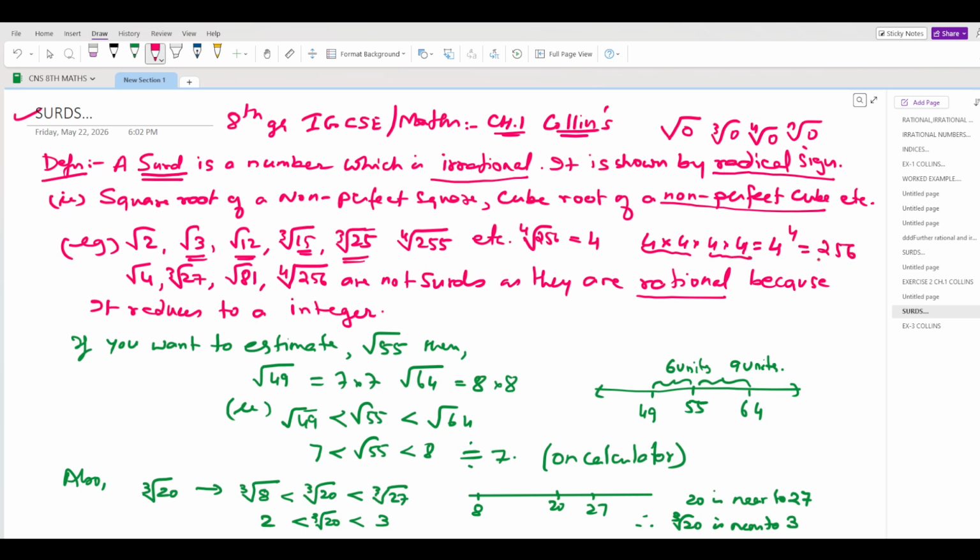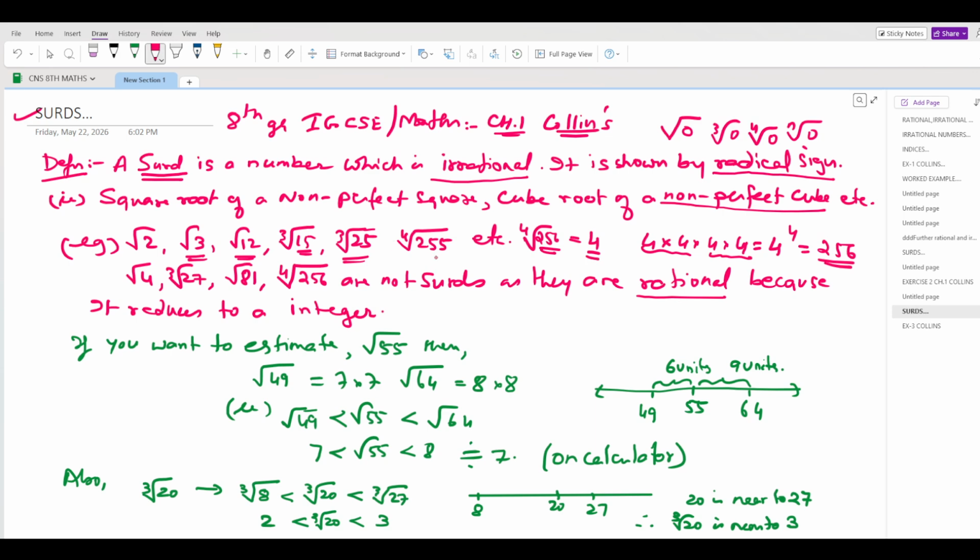So 256 can be expressed as 4 raised to 4, and therefore 256 can be shown in radical form as the fourth root of 256. But this is not an irrational number because 256 is a perfect fourth power of 4. Therefore the fourth root of 256 is not a SURD, because it will be rational. 4 is a rational number.